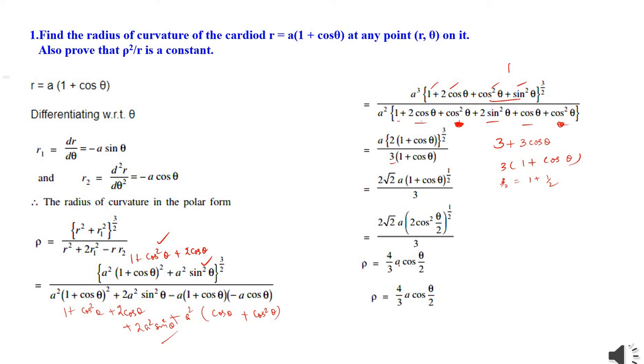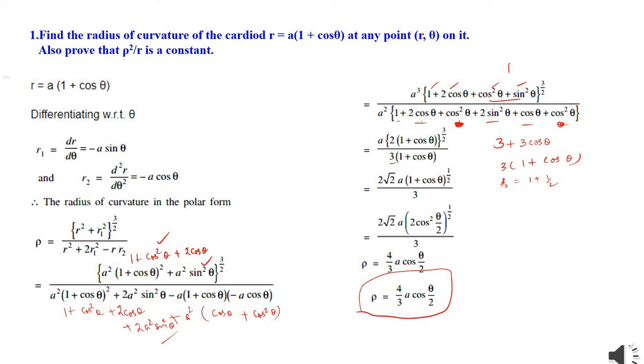So you have 4 by 3 a. From here you are getting 2, so root 2 gives you 2. So 4 times a. In the denominator, the 3 is written as such, cos square theta by 2 to the power half, so cos theta by 2. So rho is your 4 by 3 a into cos theta by 2.